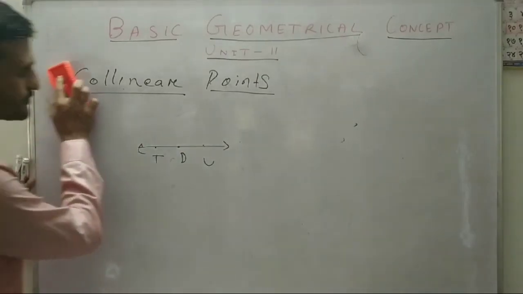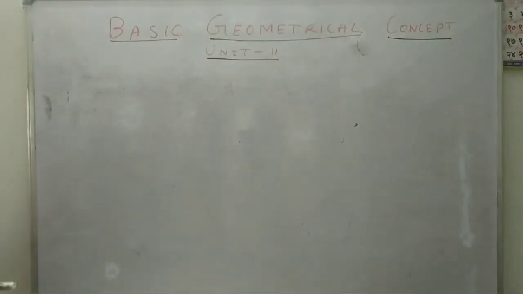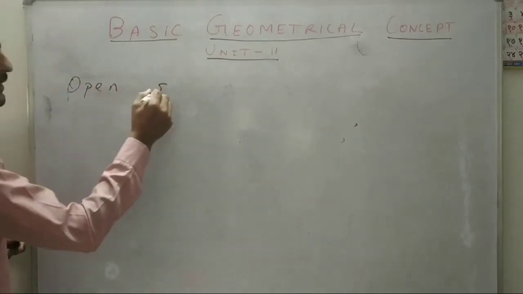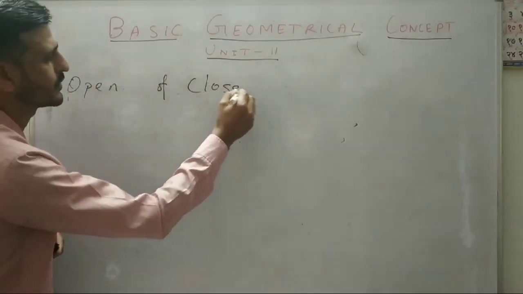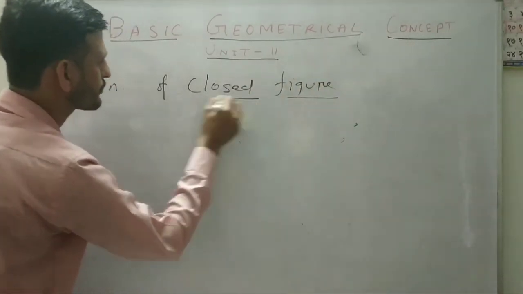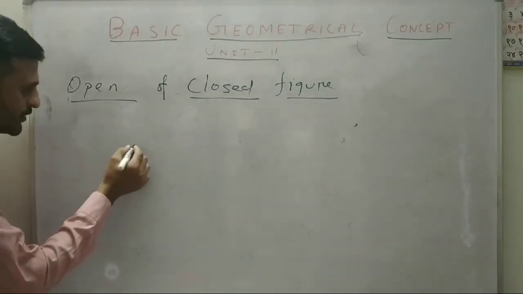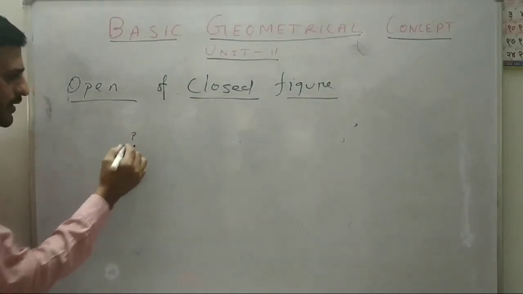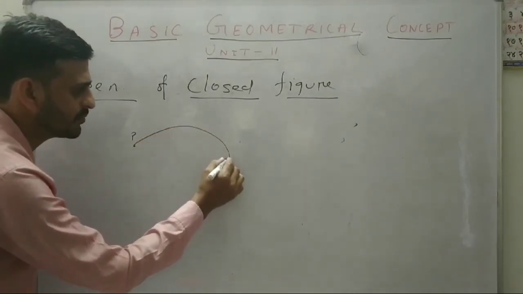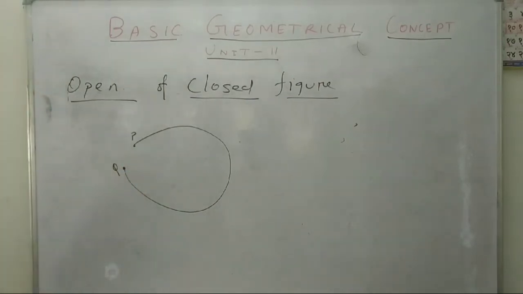Next, open and closed figure. What is an open figure? Let's see. Suppose this is a point P, a figure which has the starting point and the ending point different.